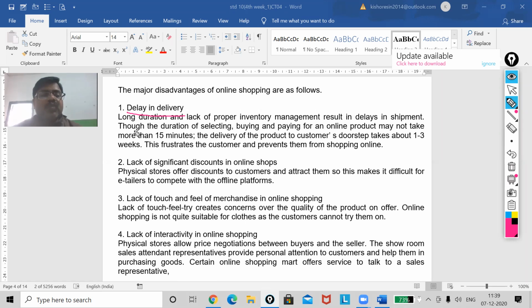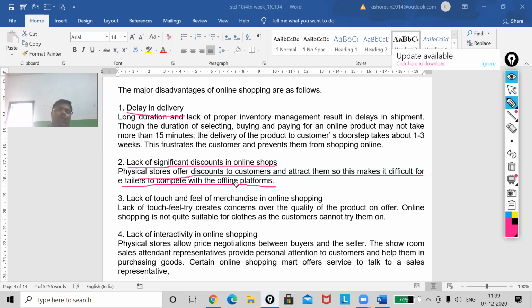Okay. Next one, lack of significant discount in online shopping. You see, physical stores offer discounts to customers and attract them. So this makes it difficult for e-tailers to compete with the offline platforms.